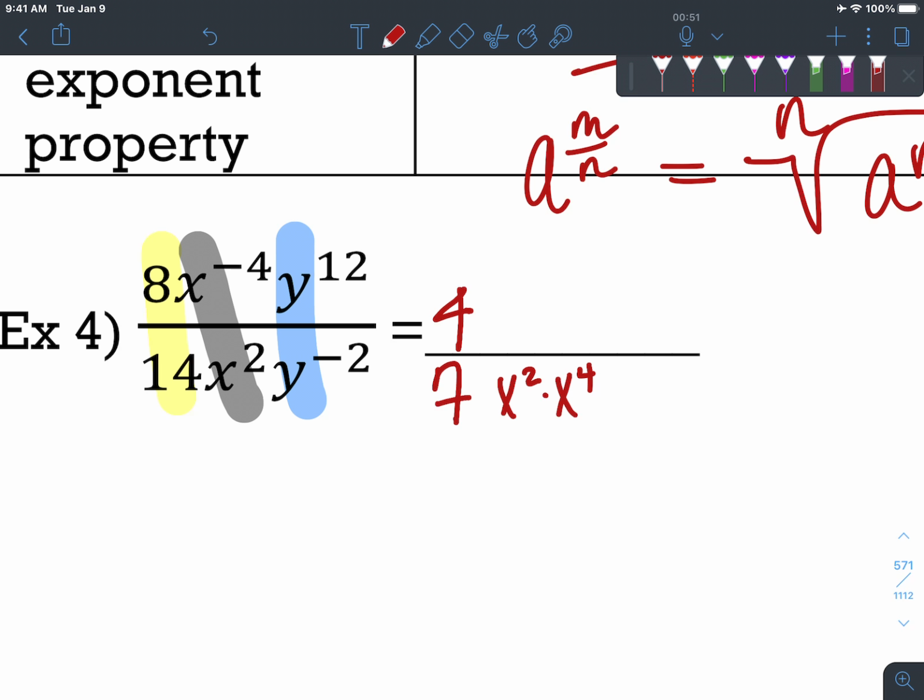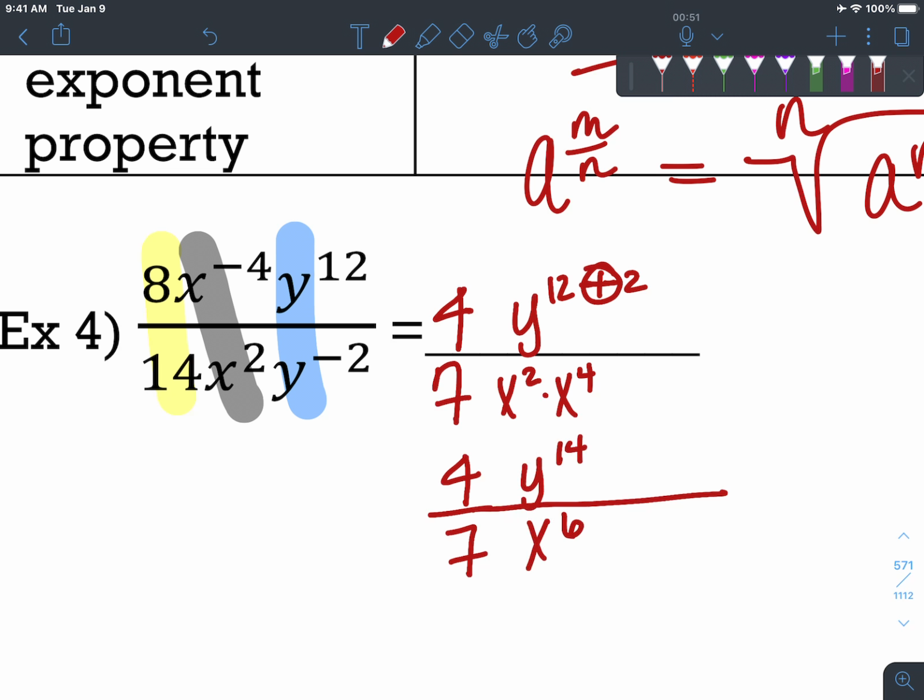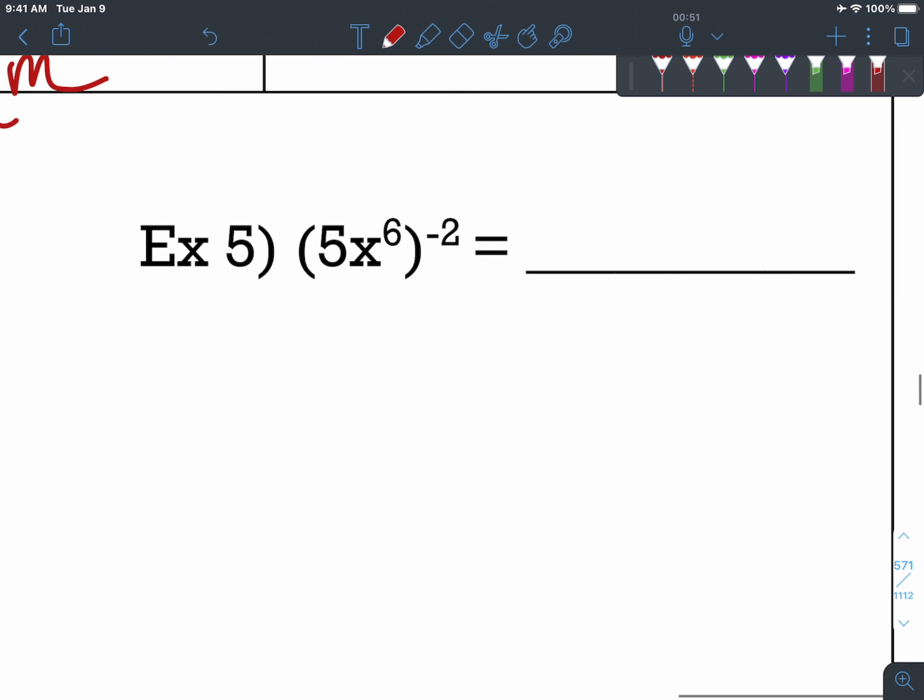And for the second one, I'll go ahead and subtract, right? Because we could do either one. Noticing that because I already have a negative in the exponent, I have to do a double negative, making it a positive. Let's keep simplifying. And I'm done. All right, let's try another one.